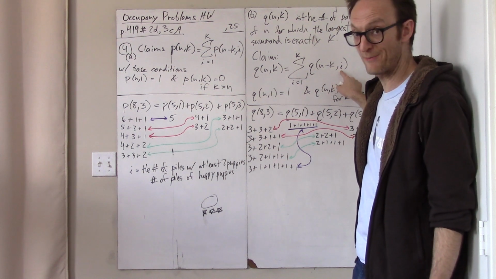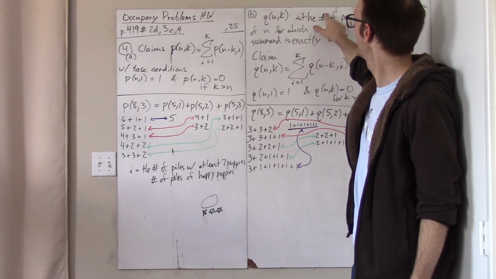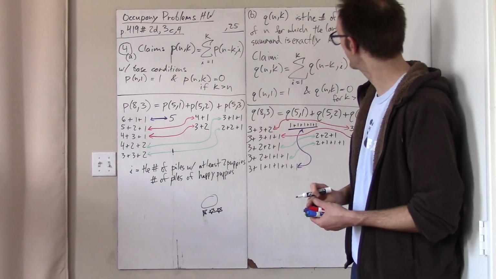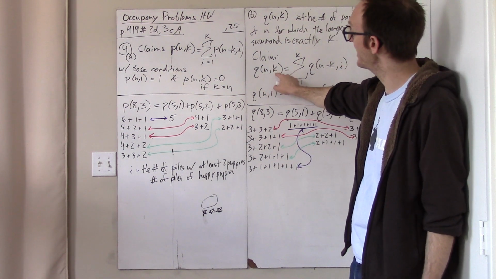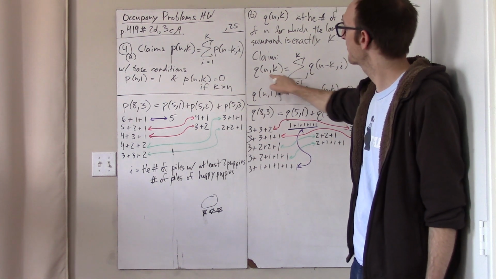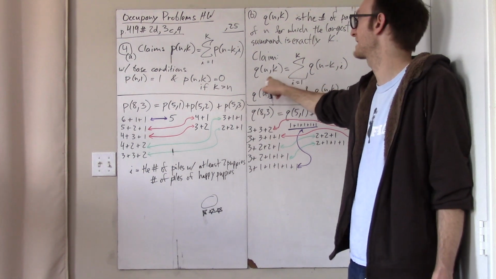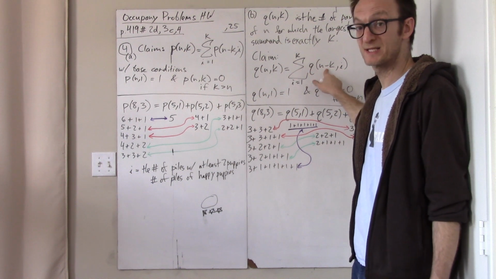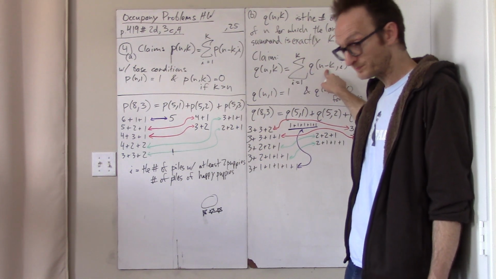And now to do this properly, but just saying it, not writing it, claim: both sides count the number of partitions of n for which the largest pile is of size k. Left-hand side, this is true by definition. On the right-hand side, if the largest pile is of size k, then make that first pile. That leaves you n minus k objects to distribute into piles.